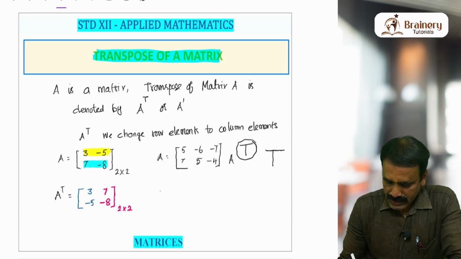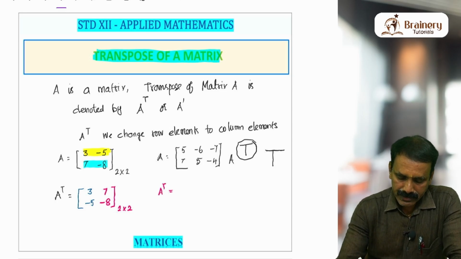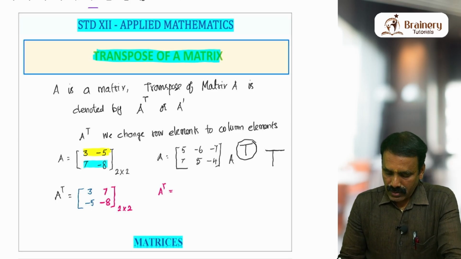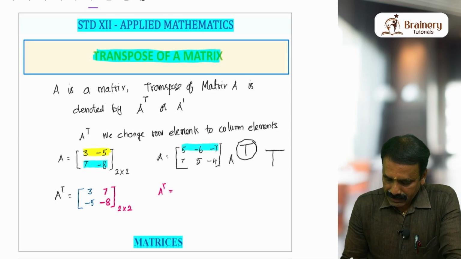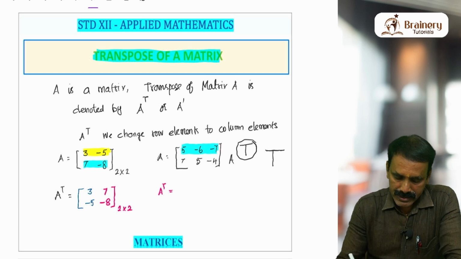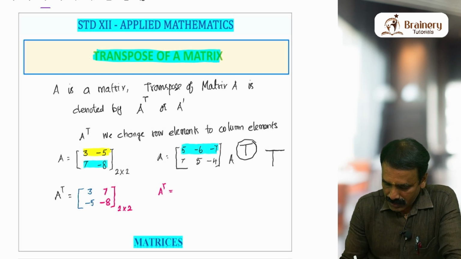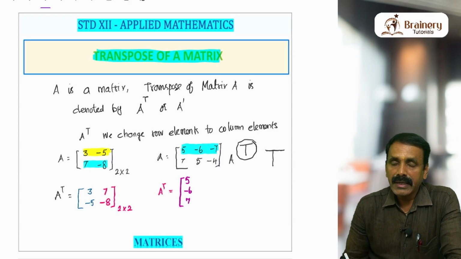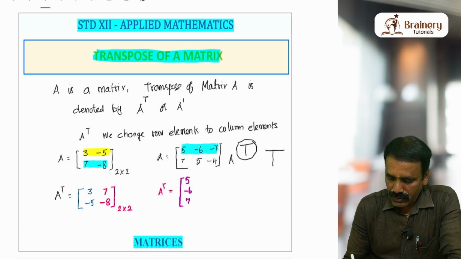A transpose is nothing but changing row elements to column elements. The first row, 5, minus 6, minus 7, is going to be transferred to column elements, so it is going to be in the first column: 5, minus 6, minus 7. Interchanging row to column, the first row is changed to first column.